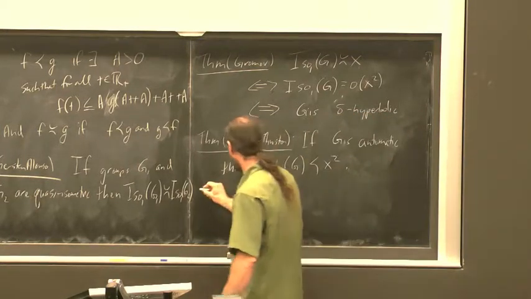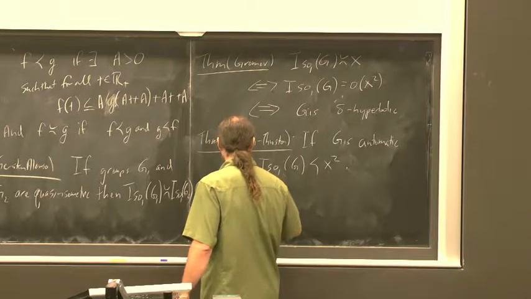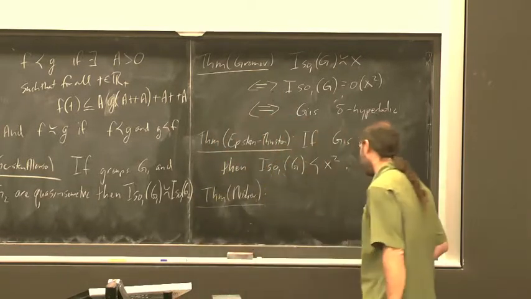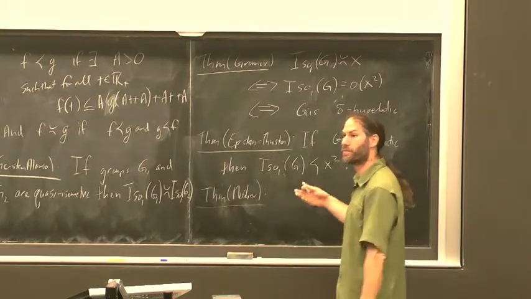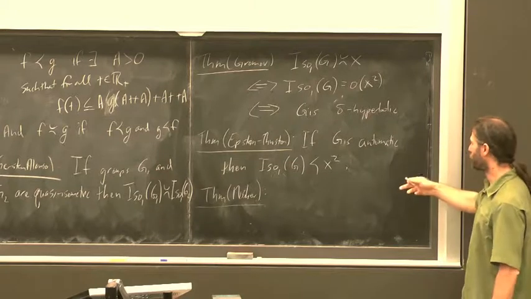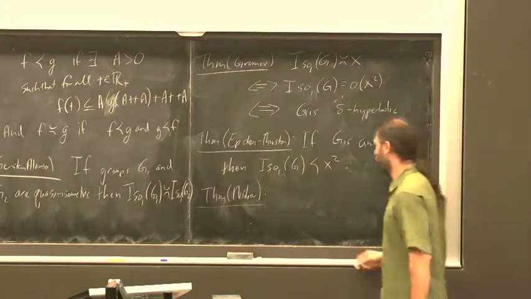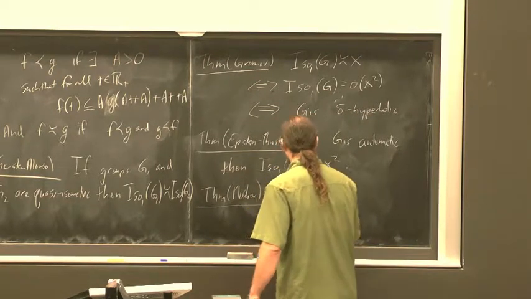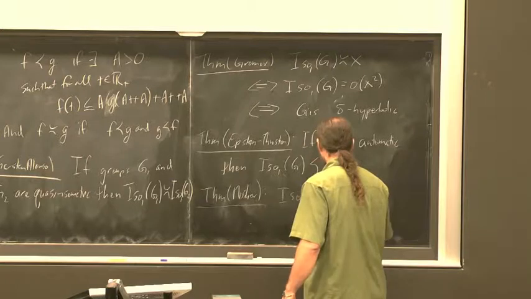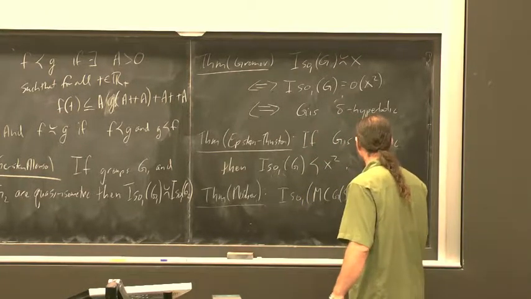mapping class group. In fact, it relates to the following theorem. Leuzinger has this important Annals paper where he proves that the mapping class groups are automatic. And so automaticity via the Epstein-Thurston theorem tells you that the first isoperimetric function of the mapping class group of a surface is at most quadratic.